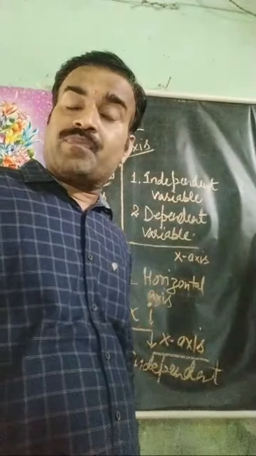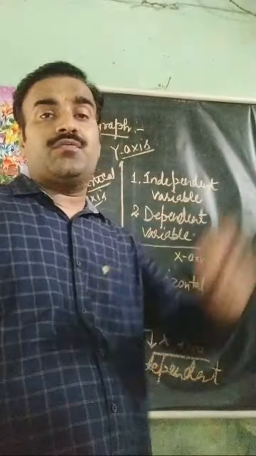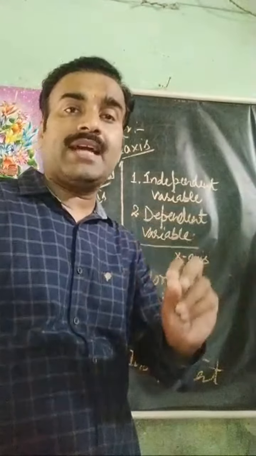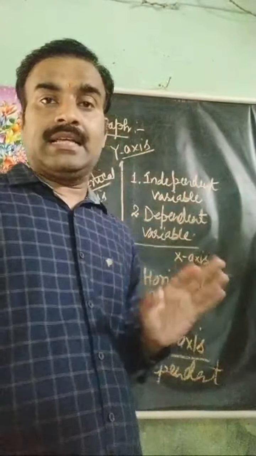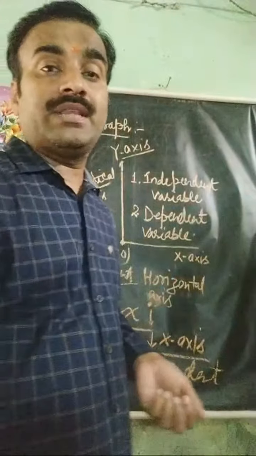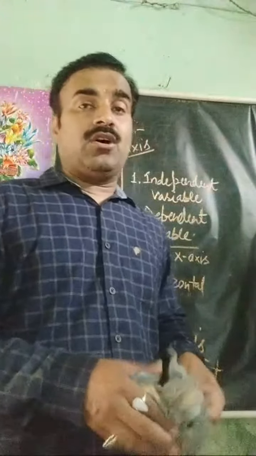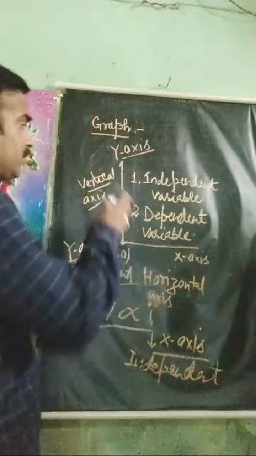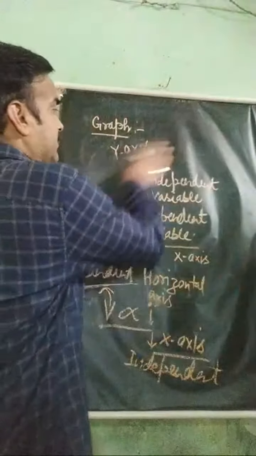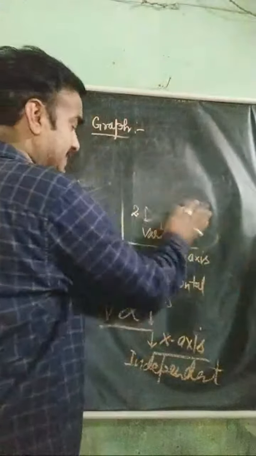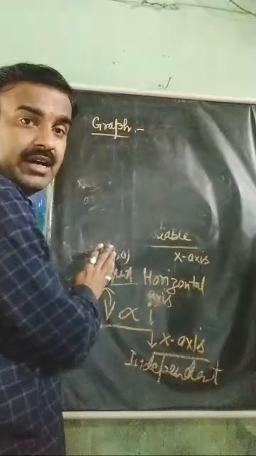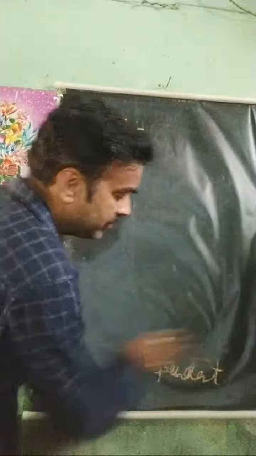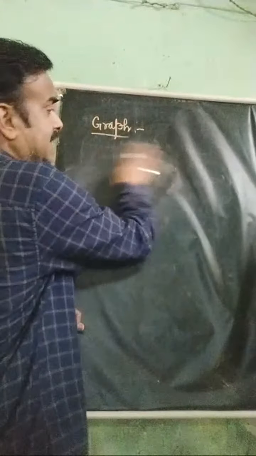By this way you can find out which physical variable you have to take on which axis. Now taking the example of V proportional to I, since I have explained, the independent variable you take onto the x axis and the dependent variable onto the y axis.